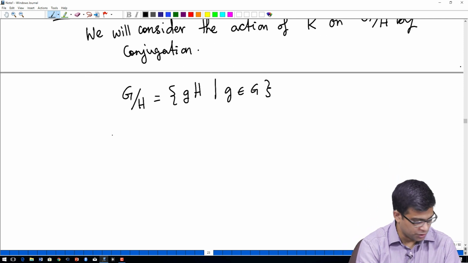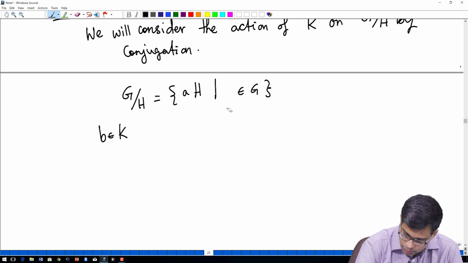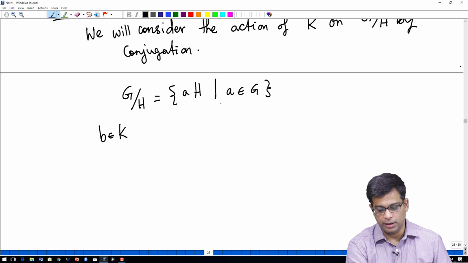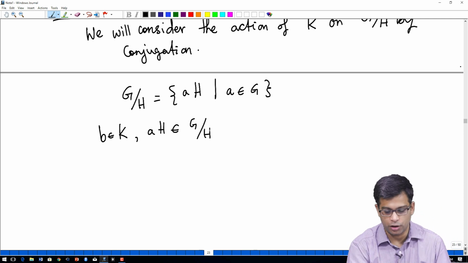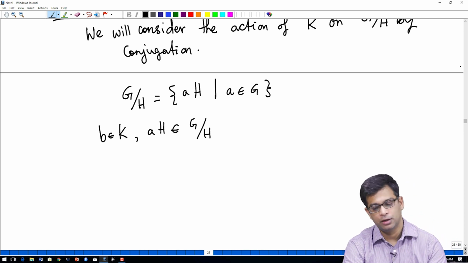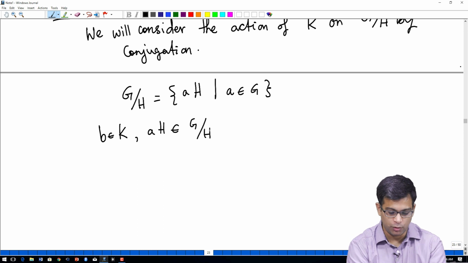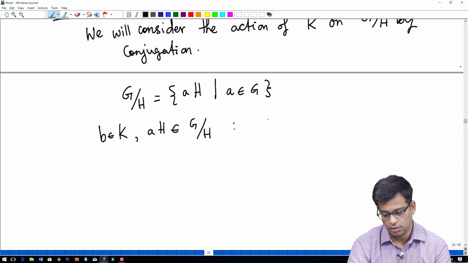So, how do we define the action? Let us say B is in K. I am going to use A for some consistency. A is an element of capital G and AH is an element of G mod H. Remember that in order to define the action of a group K on a set G mod H, I need to tell you what is a group element times the set element.